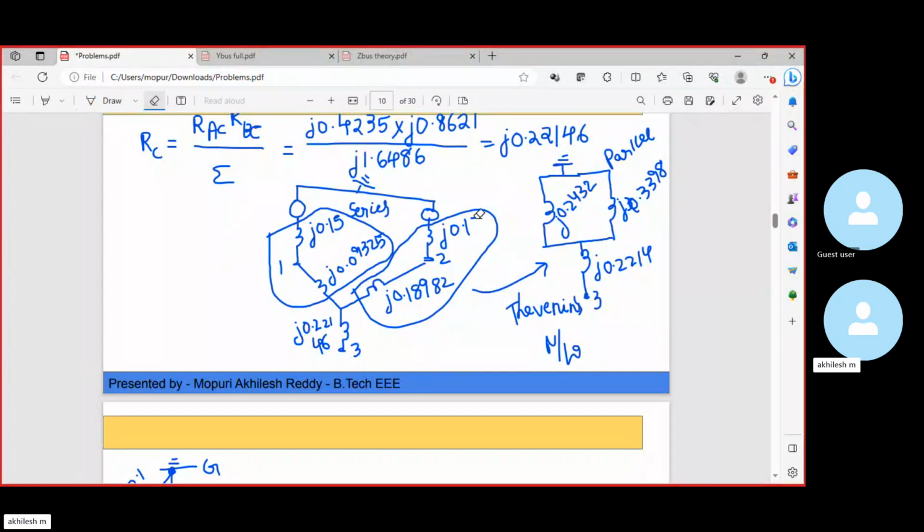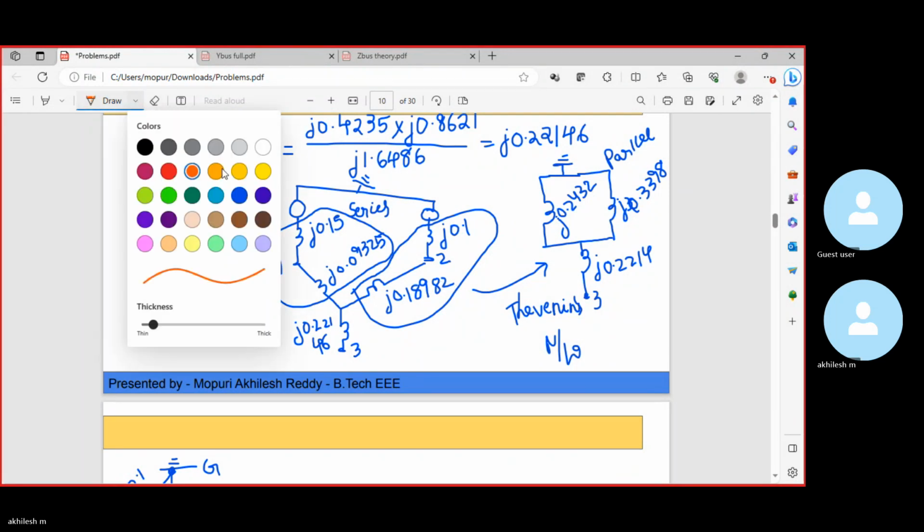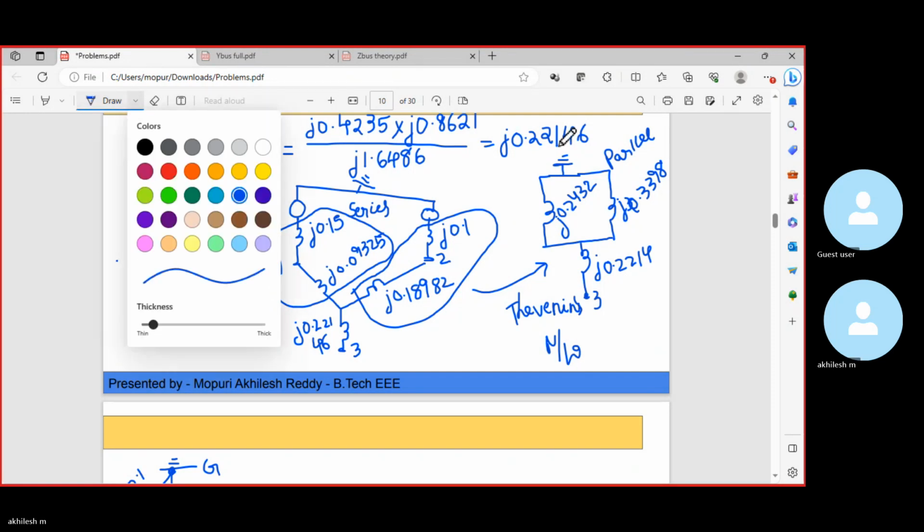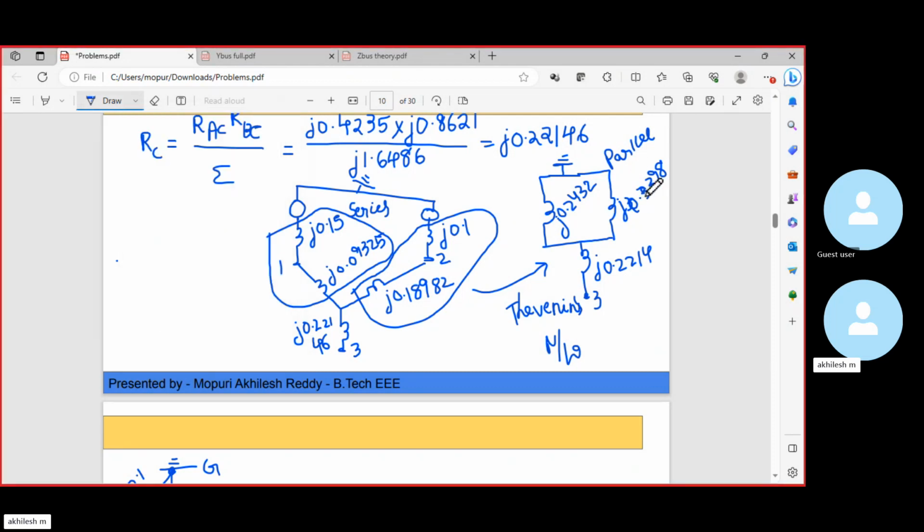Now the series combination of this is 2898. So this will be changed to 2898. Then what is the parallel combination of these two?